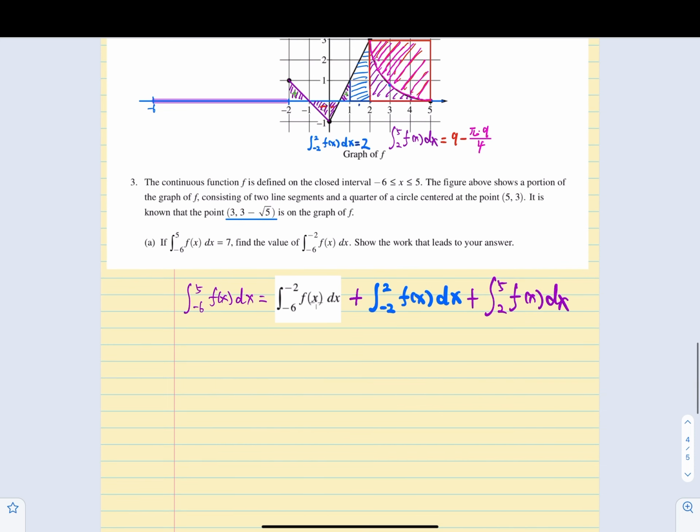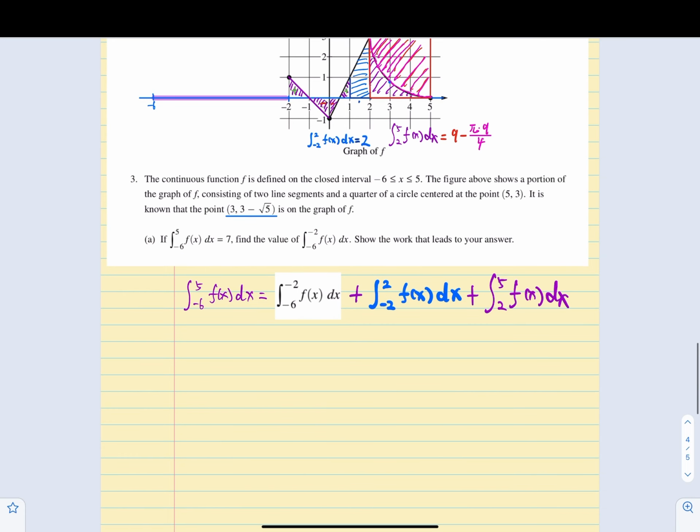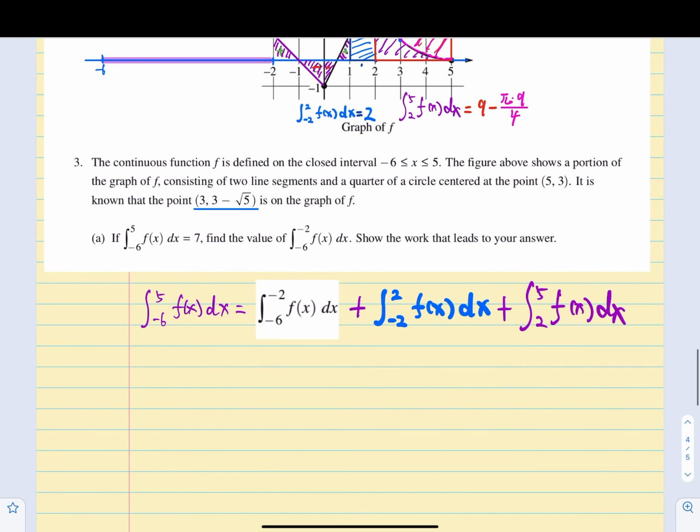So this part is equal to this 2 part plus this part, and so they will add together. So from negative 6 to 5, from this part and this part added together. Then we write it down. We substitute the number.